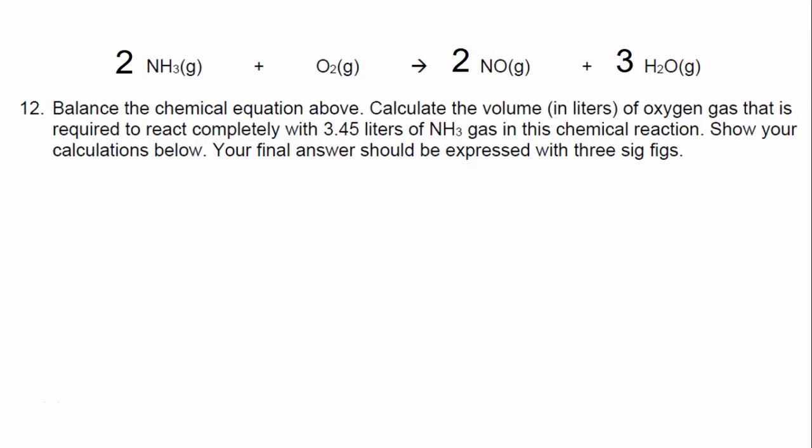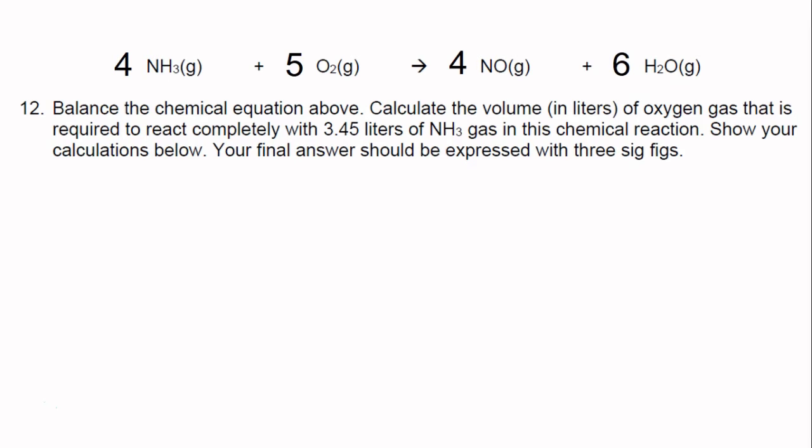And if we add up the oxygen atoms on the right, we have 2 plus 3, which is 5. I might put 2 1/2, or 5 halves, in front of the oxygen as a temporary coefficient. Then if I multiply each and every coefficient by 2, my final whole number coefficients are, from left to right, 4, 5, 4, and 6.